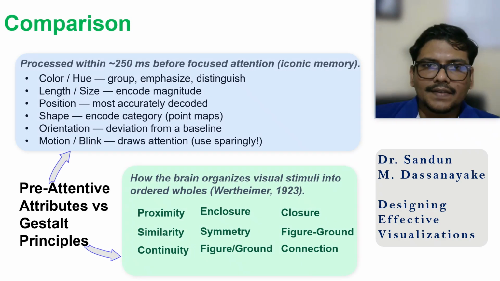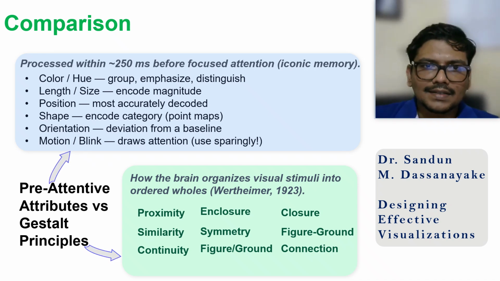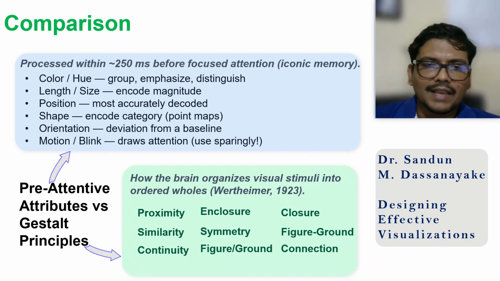Now let's look at a simple comparison. Pre-attentive attributes are features of a single mark, such as color, size, or position, that our brains recognize quickly in about 250 milliseconds, even before we consciously notice them.